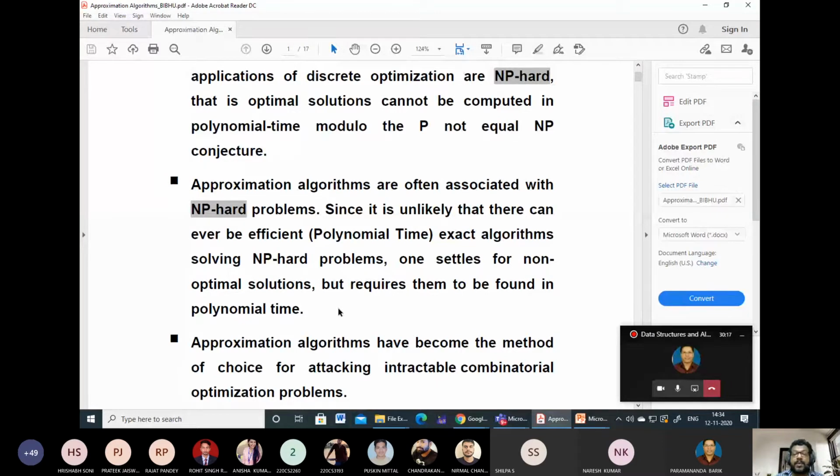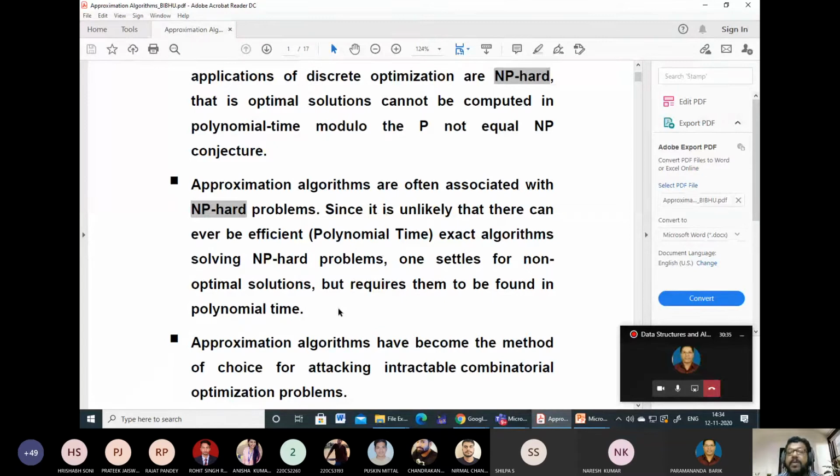Now the takeaway from the second point is that it is very difficult to find the optimal solution in polynomial time for NP-hard problems. So one settles for a non-optimal or suboptimal solution, but requires it to be found in polynomial time.